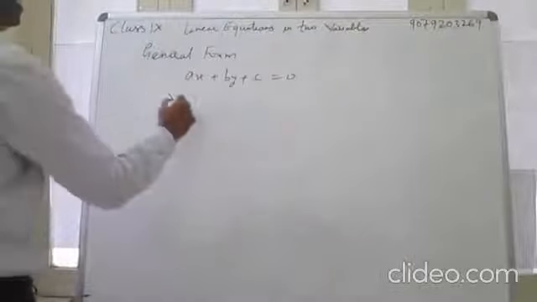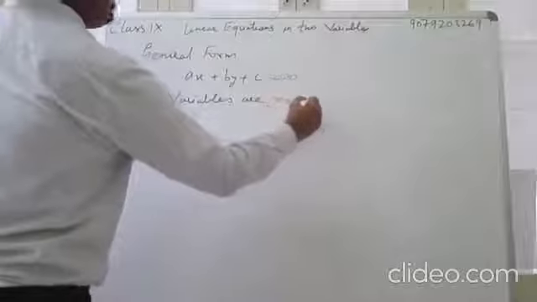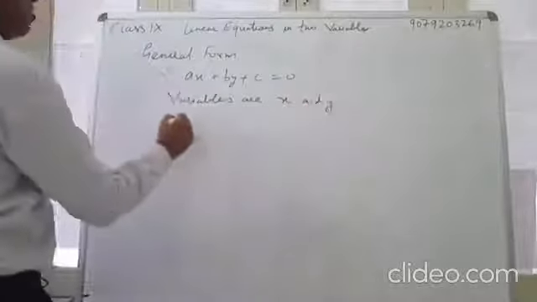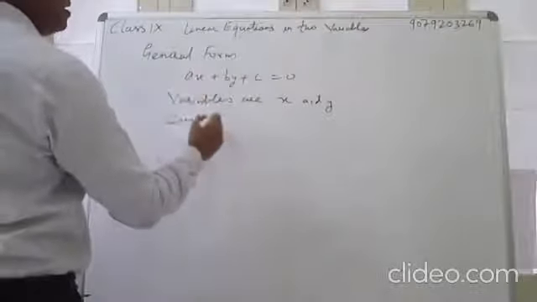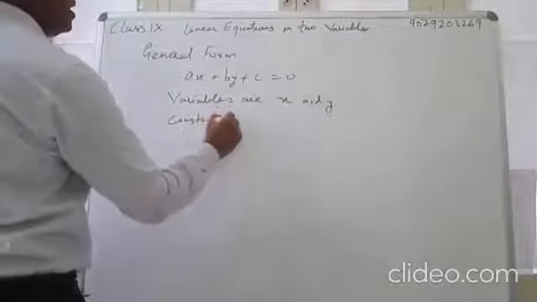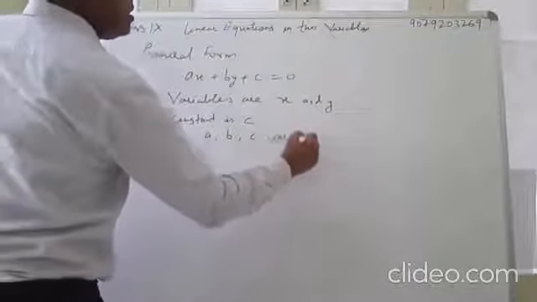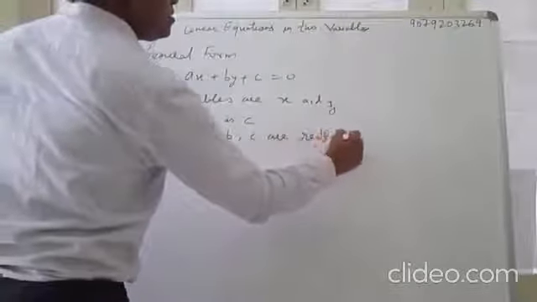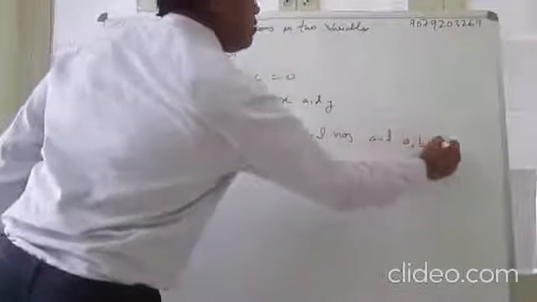So here the variables are x and y, and the constant is c. a, b and c are real numbers, and a, b are not equal to 0.